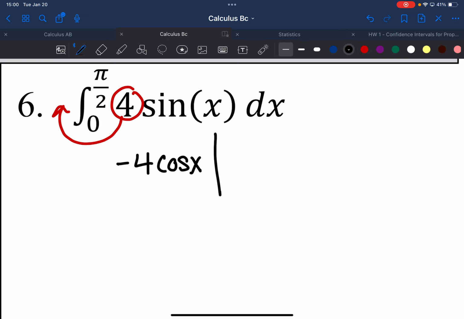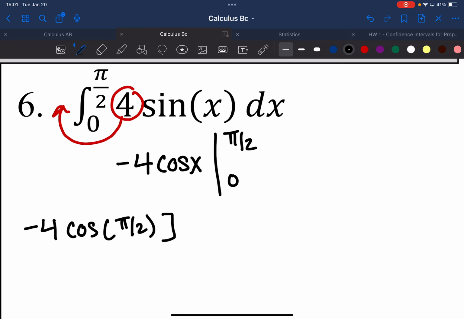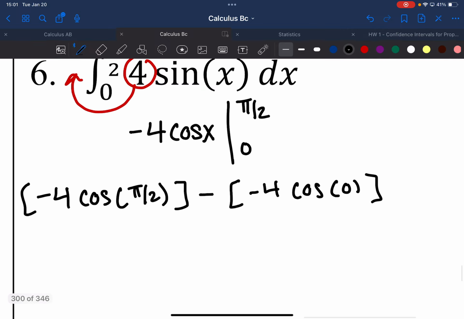Then we have this solved at 0 to pi halves. So we have negative 4 cosine of pi halves minus negative 4 cosine of 0. Okay. Cosine of pi halves is 0, so negative 4 times 0.